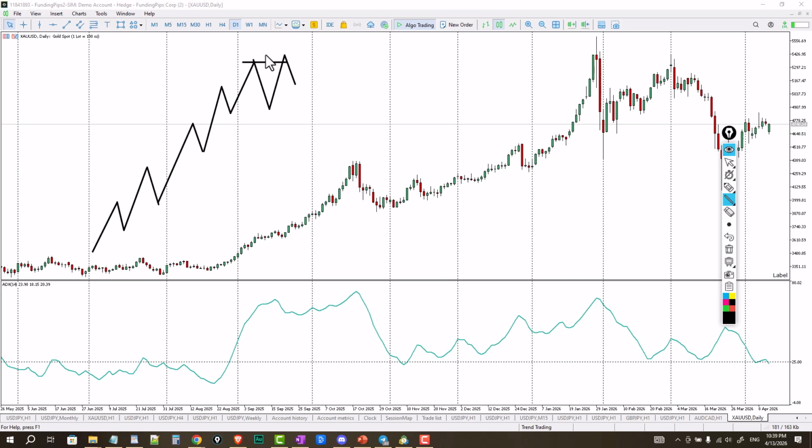Or whatever the case might be, price is just going to find it difficult to keep breaking above the resistance and continue forming higher highs and higher lows like it did previously. And that's a warning signal of a reversal in the direction of the trend in the markets. Okay, so this happens for both uptrending markets and downtrending markets.